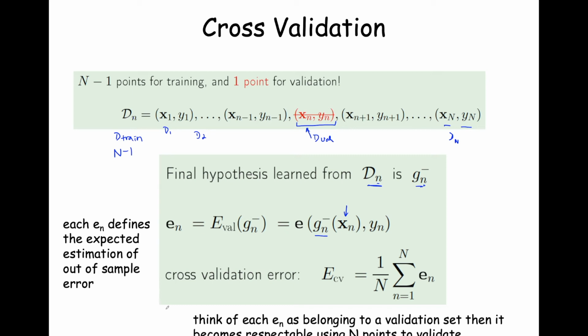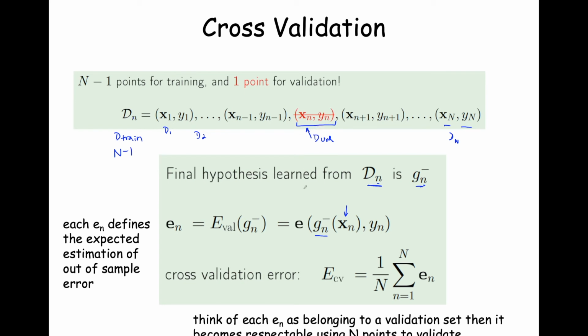So now, if we think of each en as being associated with a data point that belongs to a validation set, then it can become respectable if we evaluate that across all of those points. So what we can do then is say, okay, let's take the estimate for that first point, that second point, that third point, that nth point, that out-of-sample error estimate, and let's take the average.